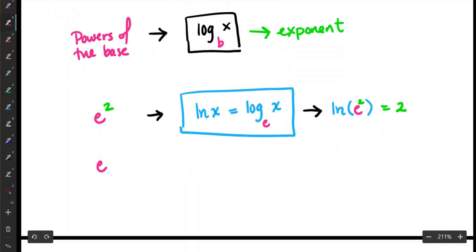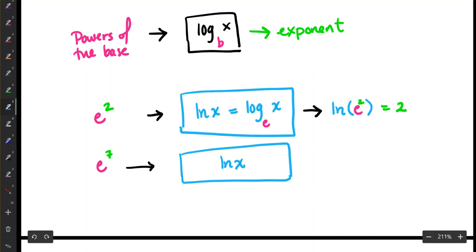So what about e to the 7th? e to the 7th goes into my ln box. I'm just going to write the ln, get used to that notation. What comes out is ln of e to the 7th. I'm taking in a perfect power of the base, so all I'm doing is spitting out the exponent.